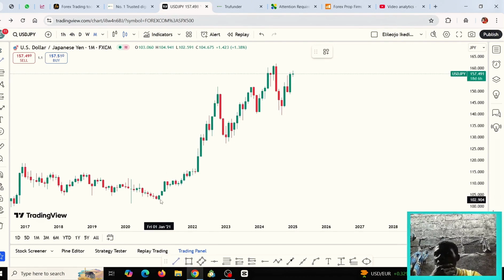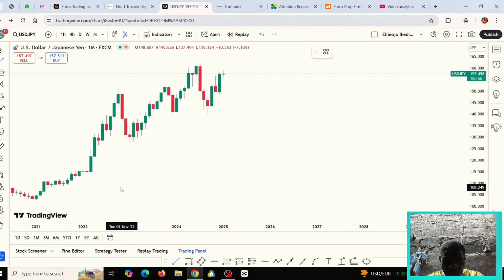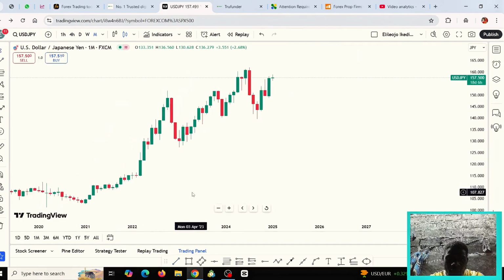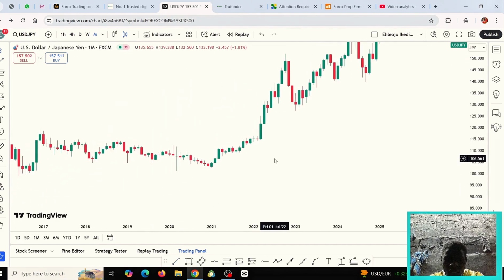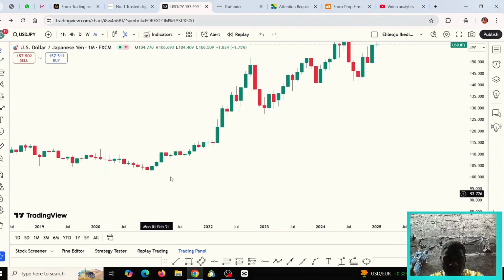Now, you might be wondering, in a situation whereby the candle does not have a wick, what do we do? Case in point, this particular USD JPY candle right here. This candle does not have a wick. What do we now do?